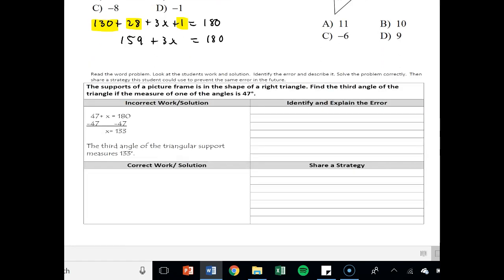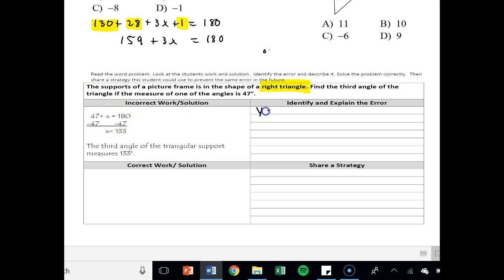Finally, it just says the supports of a picture frame is in the shape of a right triangle. That's important, a right triangle. Find the third angle of the triangle if the measurement of one of the angles is 47. So he said 47 plus x equals 180, so the third angle has got to be 133. The problem is you have all angles in a triangle.